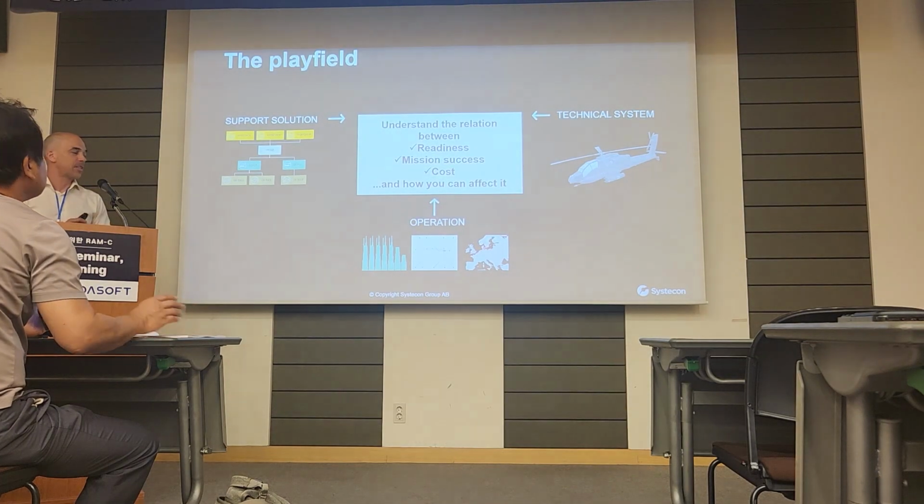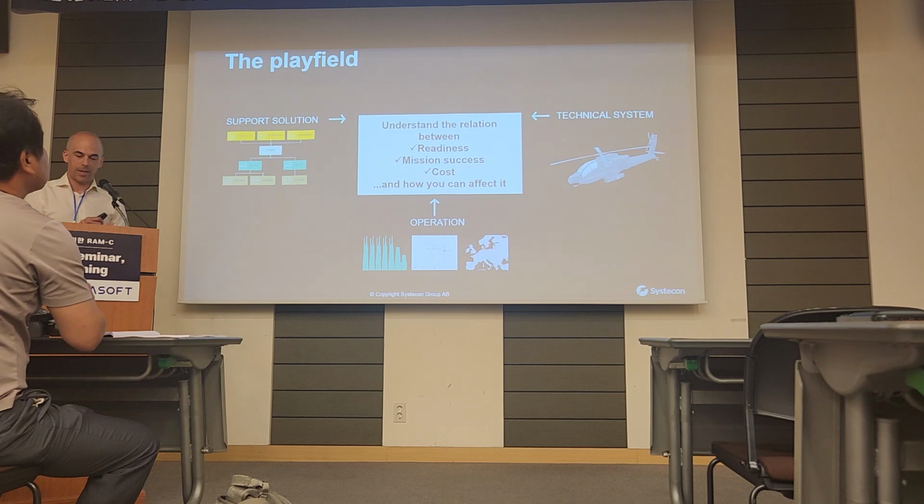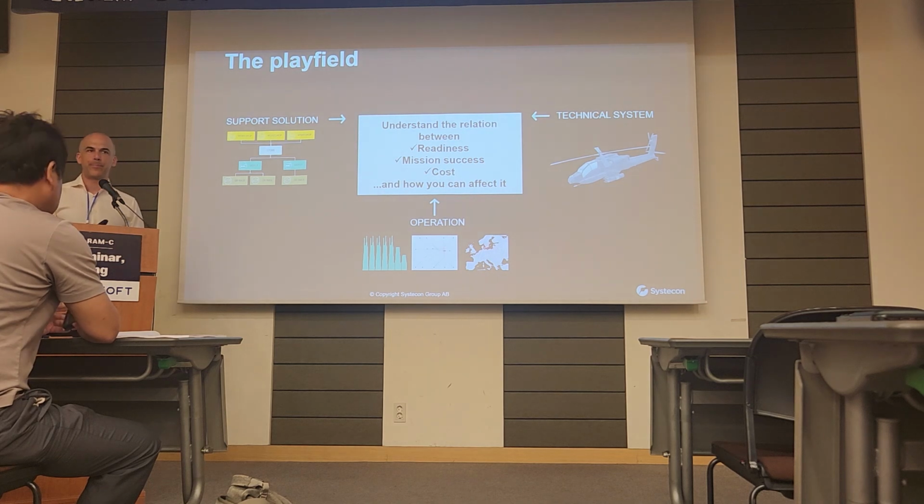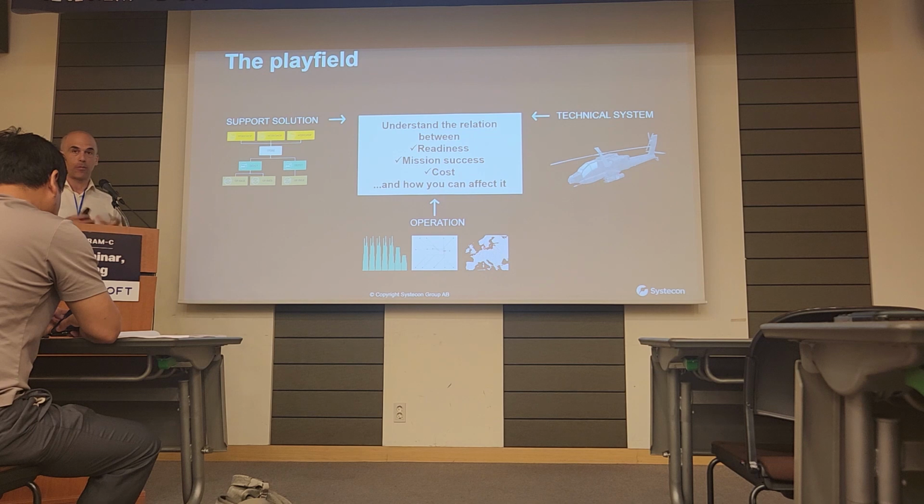And this is something that you might recognize from yesterday, where I described the playfield or the playground for Opus Suite, and also, of course, for logistics support analysis and lifecycle management. These three entities are key: the technical system, the support solution, and operations.